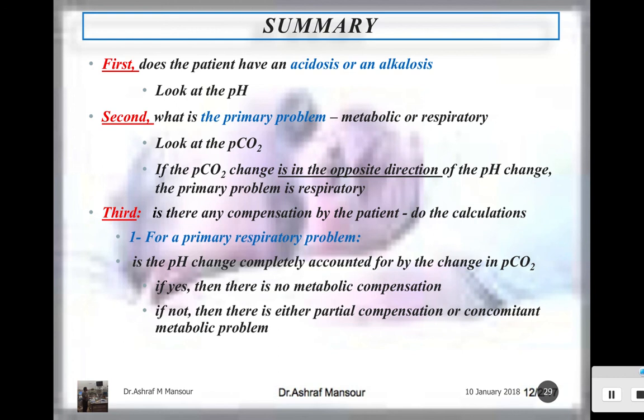Then second, by looking at the PCO2, and the bicarb if available, to tell about the primary problem. And third, to measure the compensation and to calculate whether the factor which affects the pH, either the CO2 or the bicarb, is the only factor responsible for all this change in the pH or not.